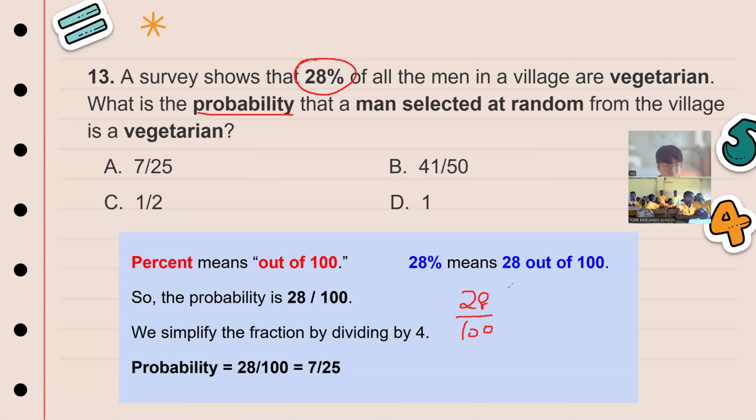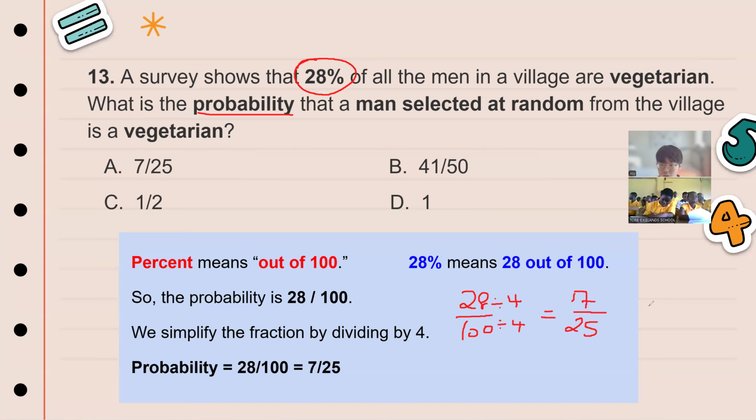We can do that by dividing by 4 on both the numerator and the denominator. So we divide by 4, divide by 4, and what do we get? We get 7 over 25.